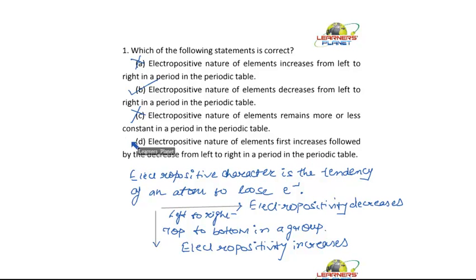Is it? No. It decreases only. So this is also wrong. So what is the correct option? That the electropositive nature of elements decreases from left to right in a period in the periodic table.